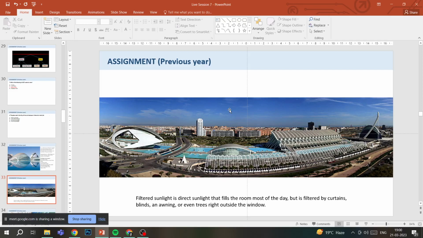So it's direct sunlight filling a room, but it is filtered by some kind of object, for example a curtain, a blind, a tree, tinted glass or any kind of glass, which does not have the full impact on the persons inside the building, but it is direct sunlight.